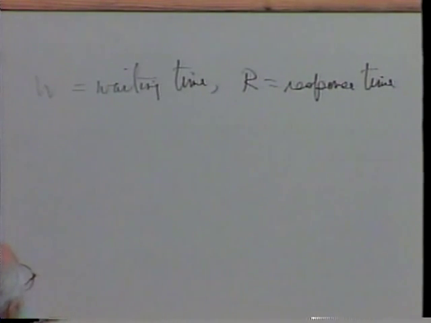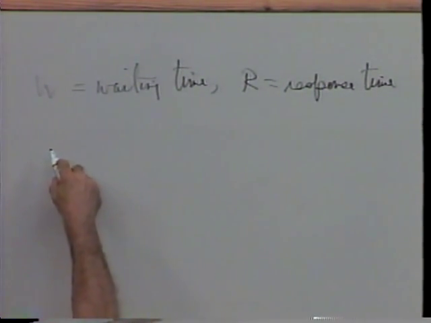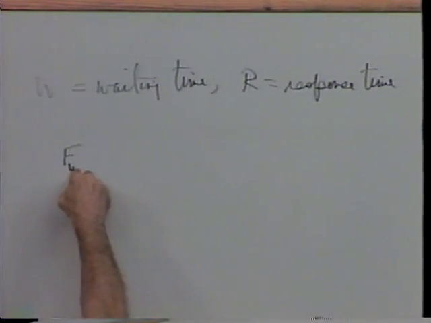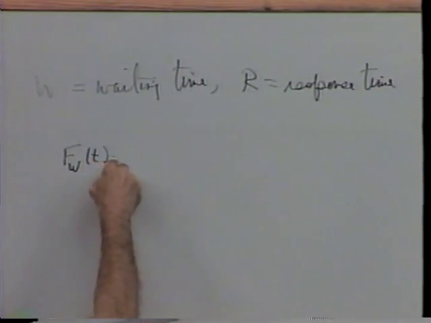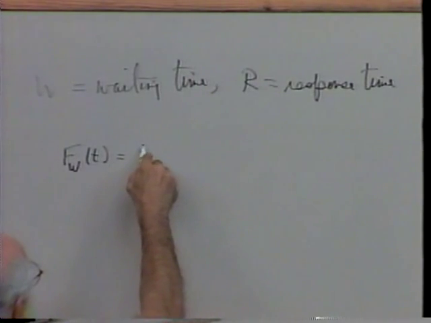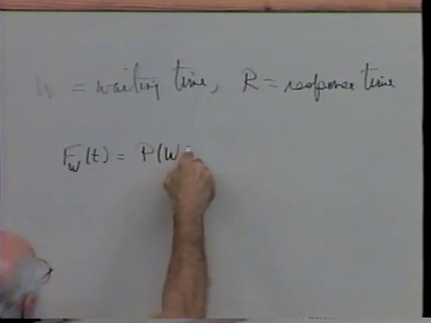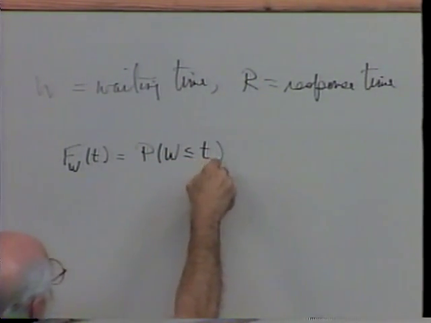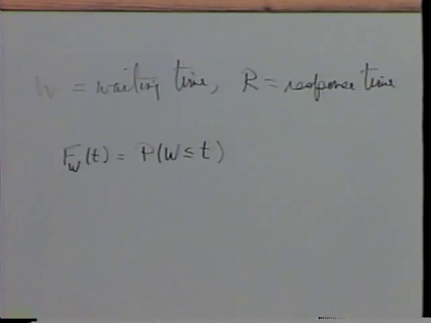Okay, so let's talk about the waiting time first. What I want to calculate is the distribution function of the waiting time, which by definition is the probability that the waiting time is less than or equal to t for all t. But it's more convenient to calculate the probability that the waiting time is greater than t and subtract it from 1.